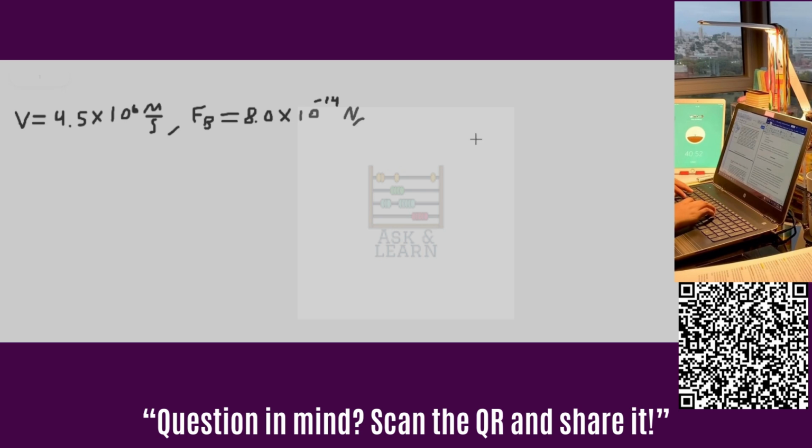So, we're given that this is a traveling proton going at this speed. So another thing we'll want to note is the charge of a proton.